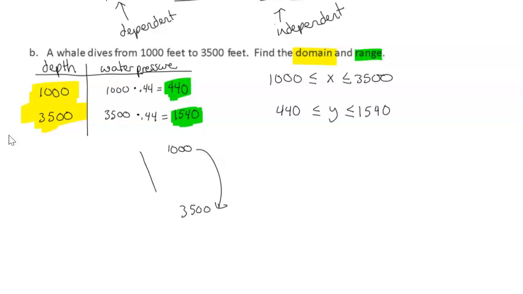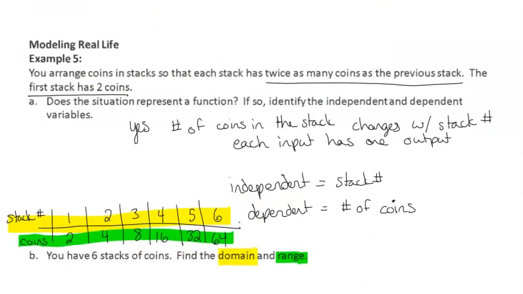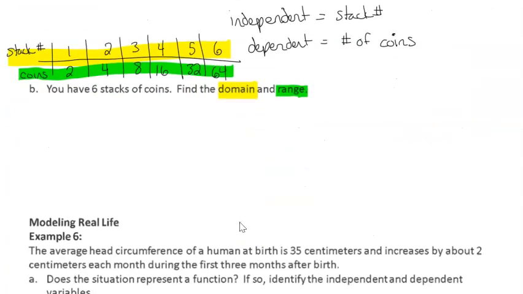It's got to go down in a continuous way. Now, that being said, with the stacks of coins, we literally have a stack with 2 coins. So picture a stack with 2 coins, and then a stack with 4 coins, and then a stack with 8, and so on. So it just kind of jumps. It's like a scatter plot.